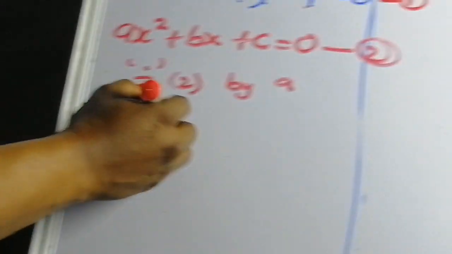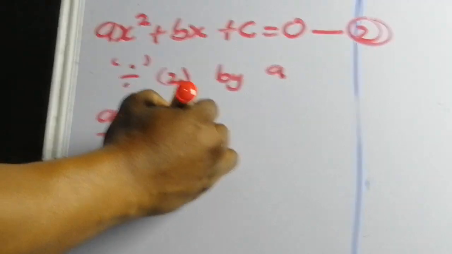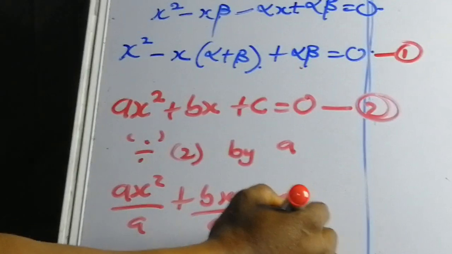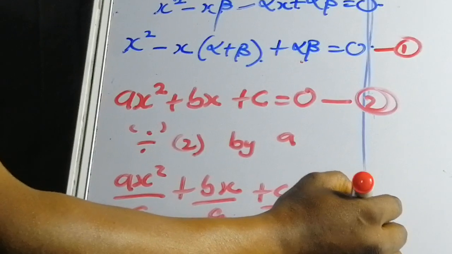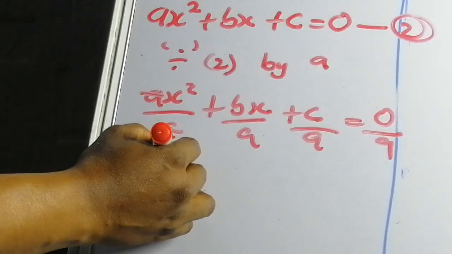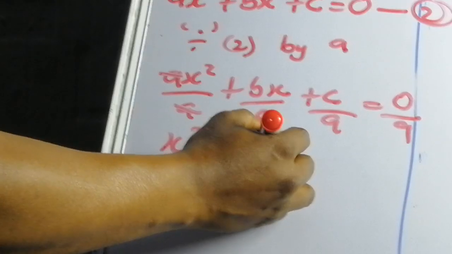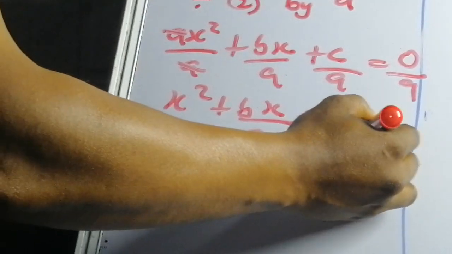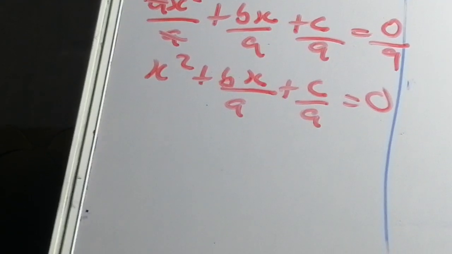This is the same thing as ax squared over a plus bx over a plus c over a equals 0 over a. A will cancel a. You have x squared plus what? Bx over a plus c over a equals 0. Anything divided by 0 is what? 0.